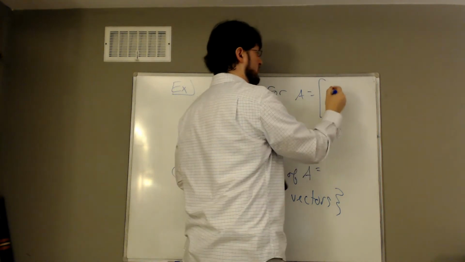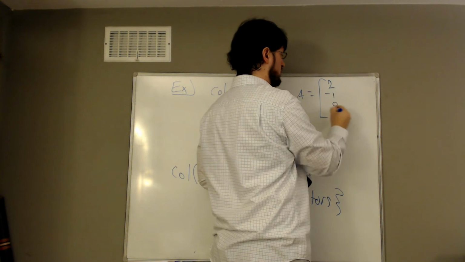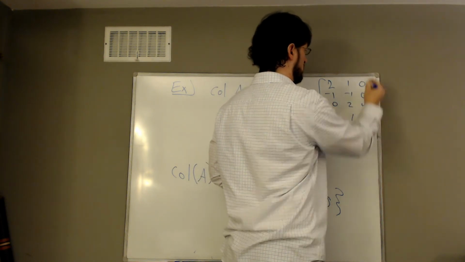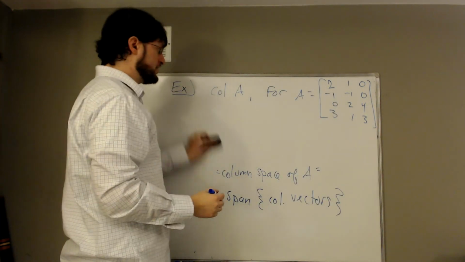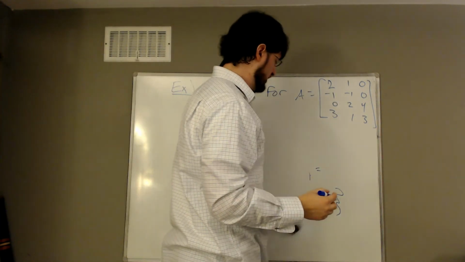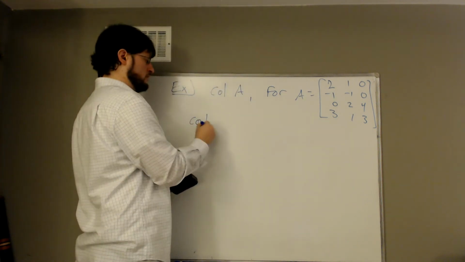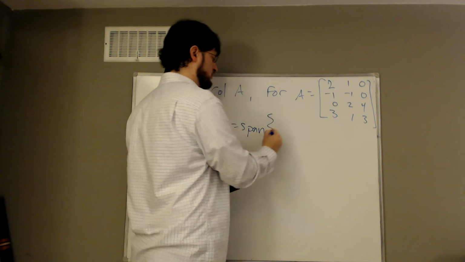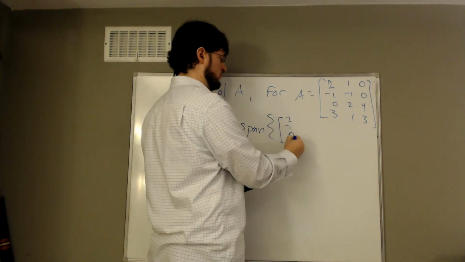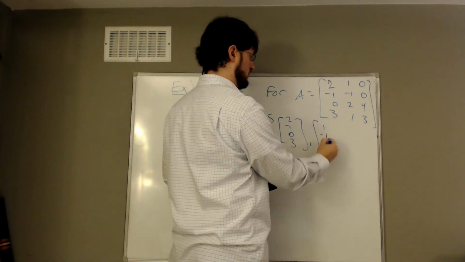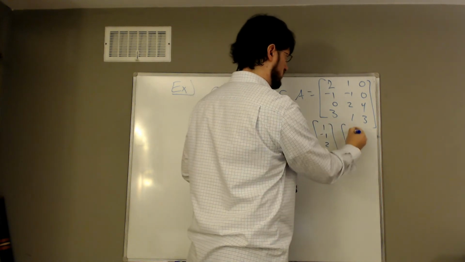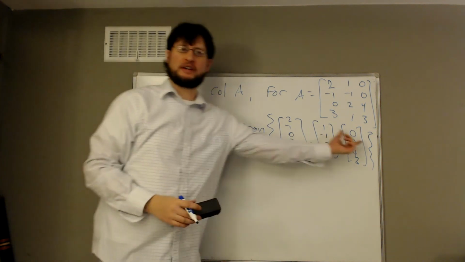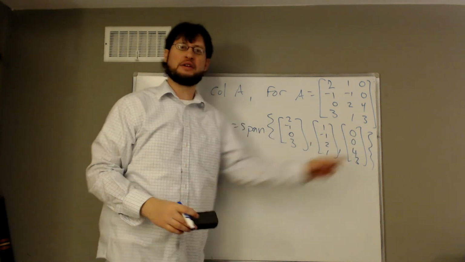Suppose we have this matrix. Then the column space of A is the span of the column vectors. If I'm looking at the span of these column vectors, well, it's a span of vectors that are in R4.